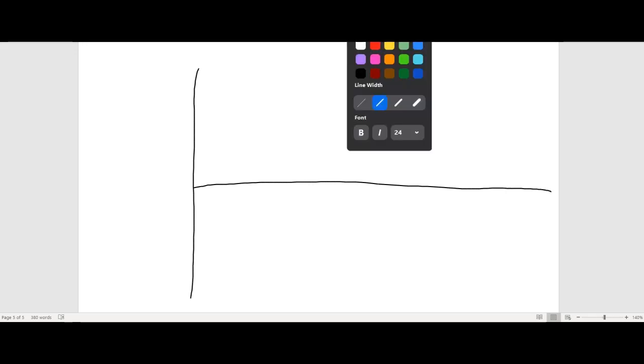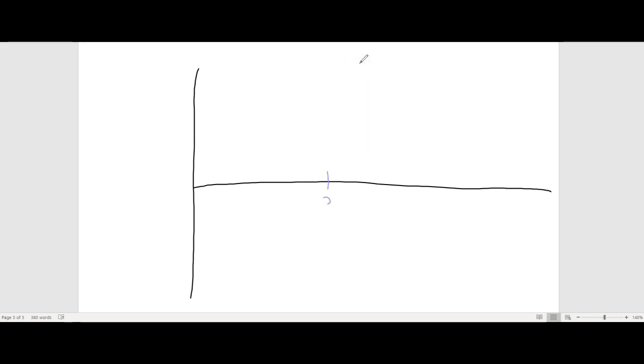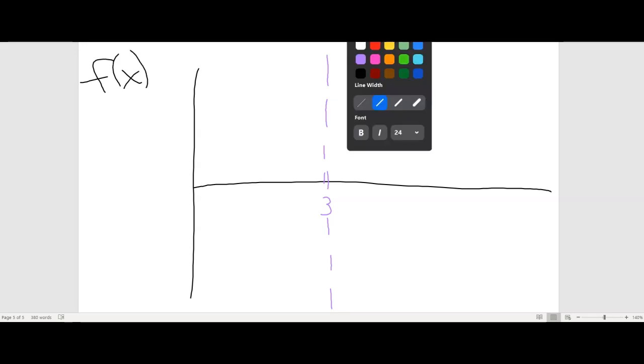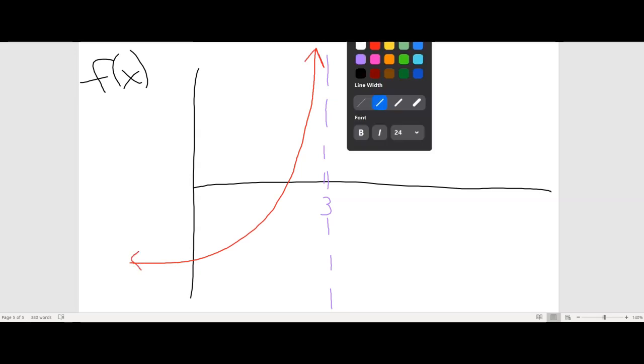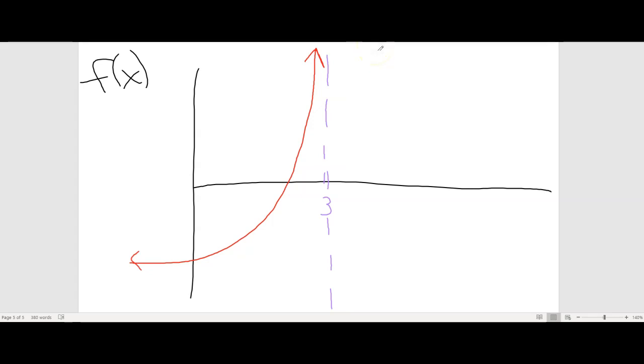Let's say that I have a vertical asymptote at x equals 3. And let's say as my function approaches 3 from the left-hand side, it looks something like this. So that approaches positive infinity. But from my right-hand side, I have something that looks like this.